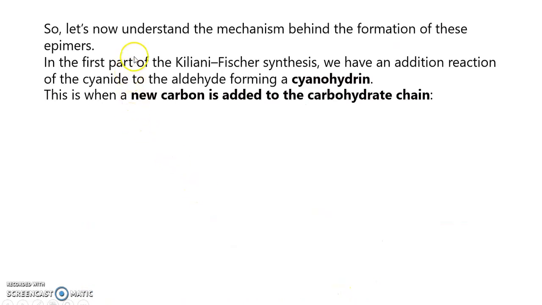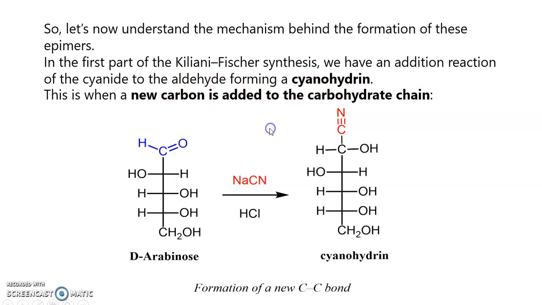Now let's understand the mechanism behind the formation of these epimers. In the first part of the Kiliani-Fischer synthesis, as I said earlier, we have an addition reaction of the cyanide to the aldehyde forming a cyanohydrin, and this is when a new carbon is added to the carbohydrate chain. D-arabinose has 5 carbon atoms.